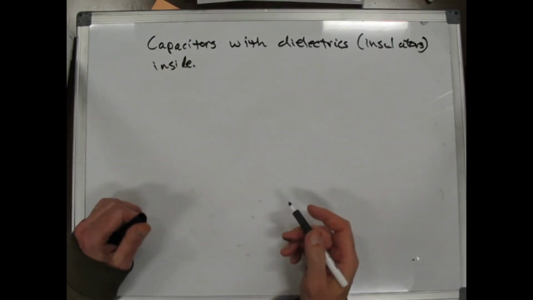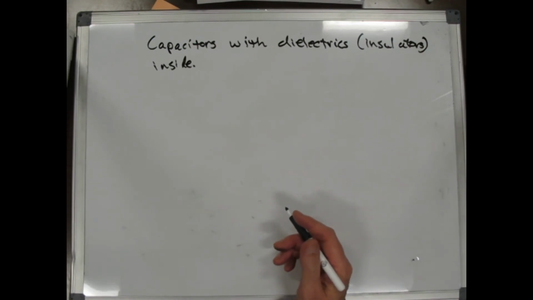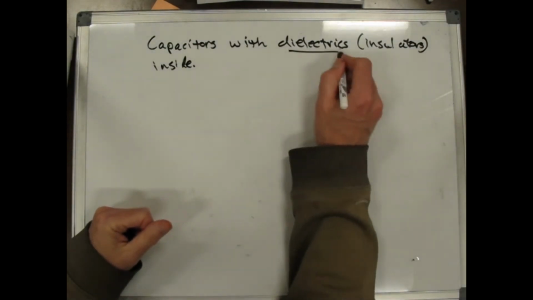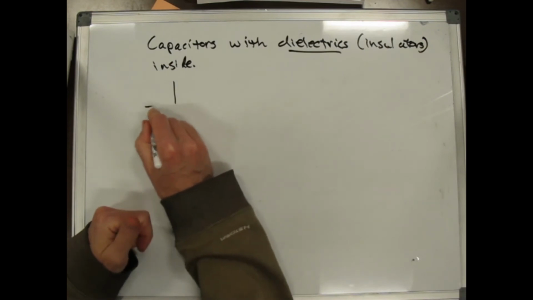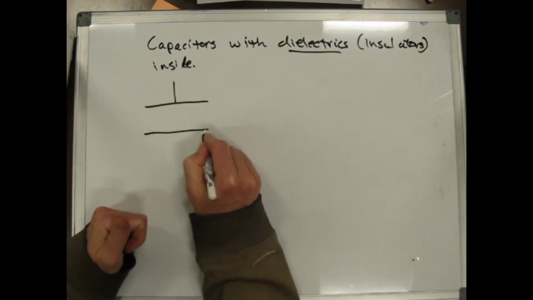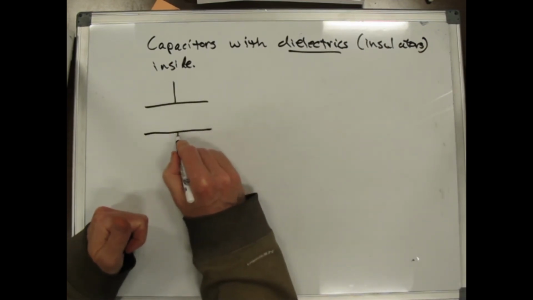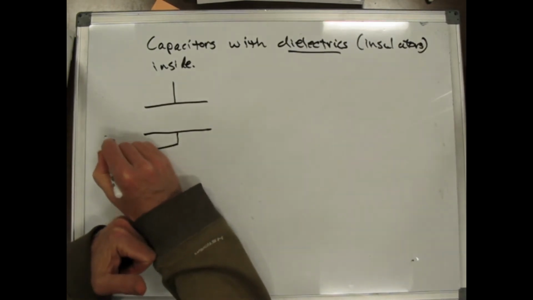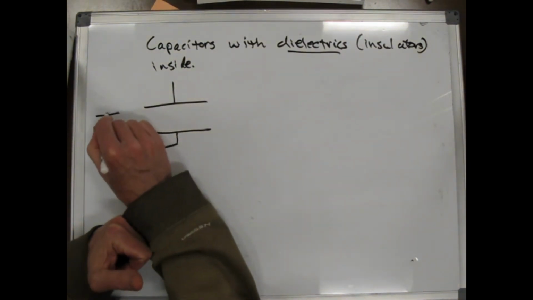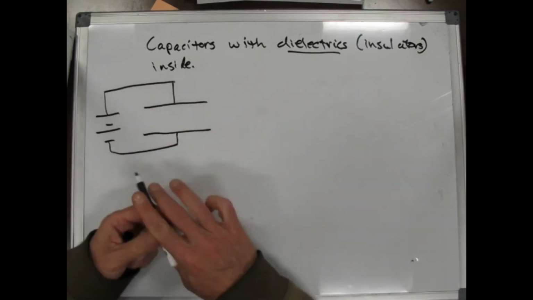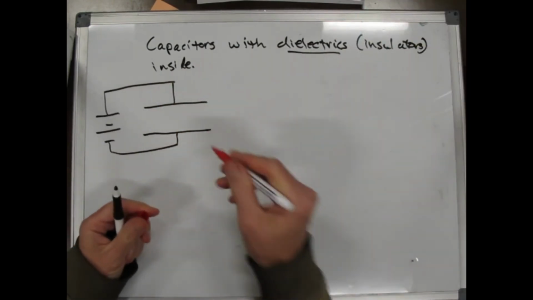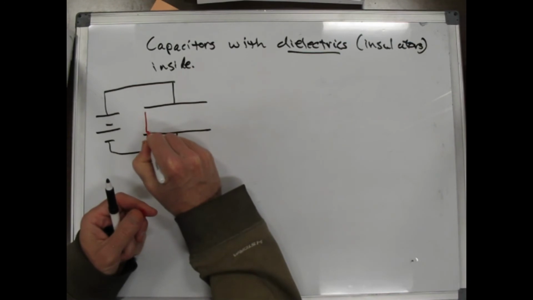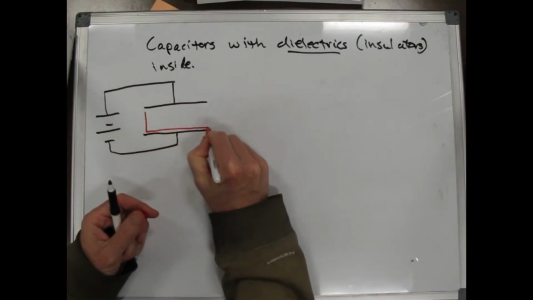So it turns out you can increase the capacitance of your capacitor by sticking what's called a dielectric inside. Here's the idea. I have a capacitor here, and then I attach it to a battery, say. And then I put a piece of rubber or some other non-conducting material inside my capacitor.